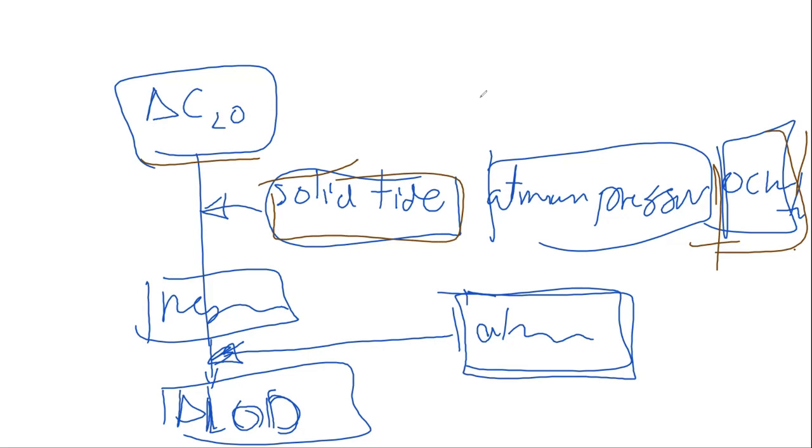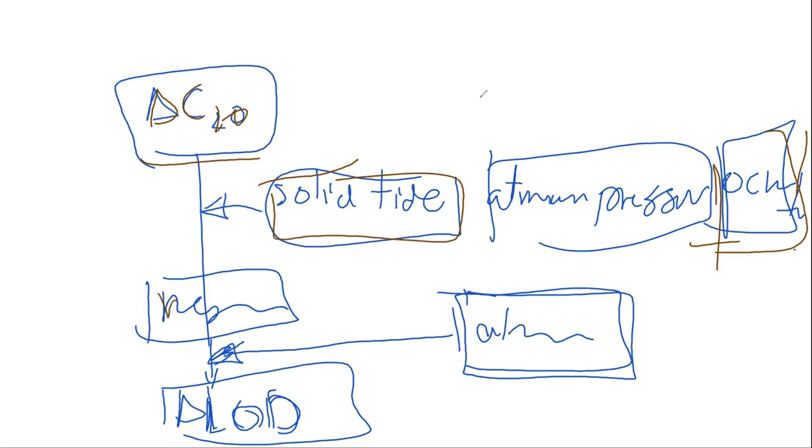When you have the time series for this delta C20, compute the effect of solid tide and ocean tide and remove them. Or if you have a gravity field, some of them are already corrected for these things. Otherwise, you have to correct it yourself.